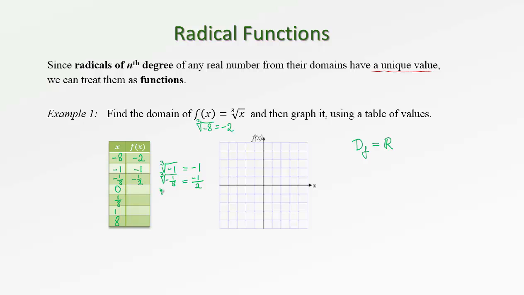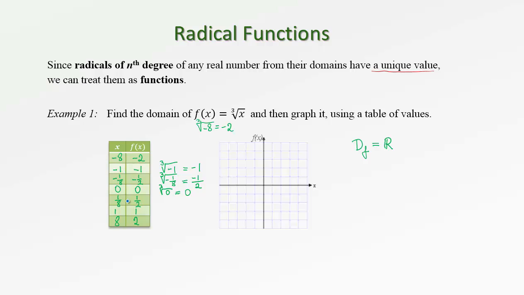Cube root of 0 is 0. And cube root of 1/8, I'm sure you know already, is nearly the same as cube root of negative 1/8, except that we have a positive number, so positive 1/2, because 1/2 cubed gives us back 1/8. Cube root of 1 is 1. And cube root of 8 is how much? Yes, it's 2, because 2 cubed gives us back our 8.